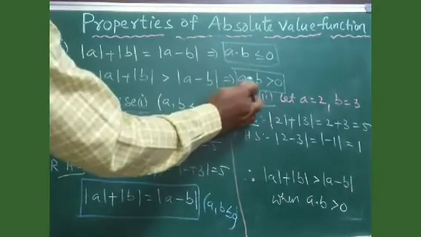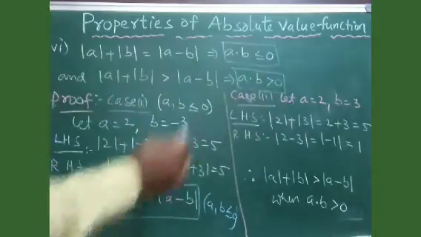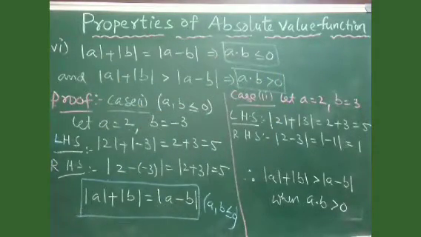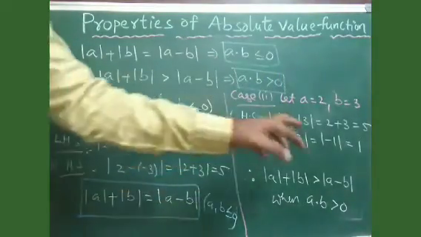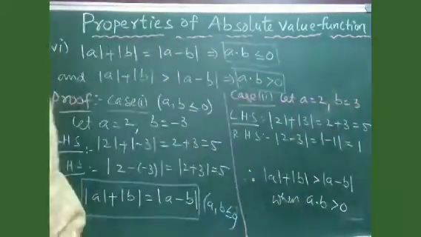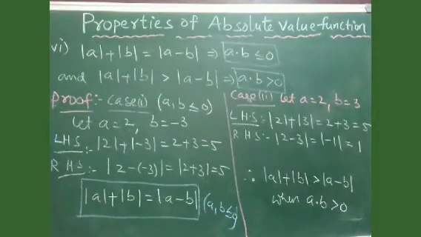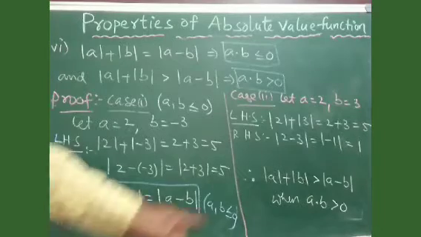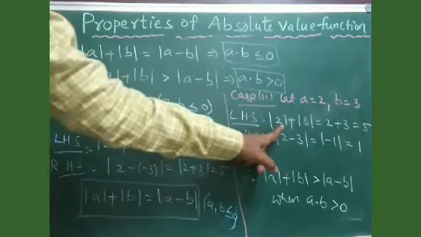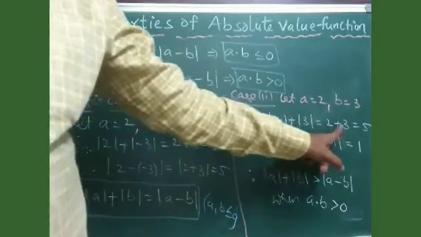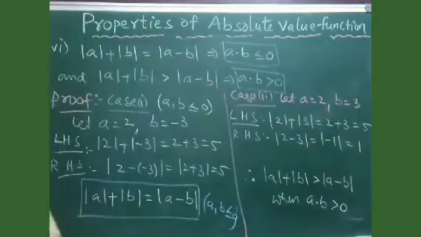This time the product of the numbers is greater than 0, positive. So as usual A is 2 and B is 3, their product is 6, which is a greater than 0, positive number. So now go for LHS, mod A plus mod B, which is 2 plus 3 equals 5.